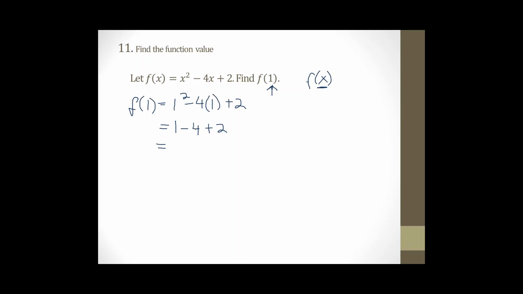So 1 minus 4 is negative 3, plus 2. And last step, negative 3 plus 2 equals 1. So this means if I evaluate f of 1, I would get 1. Let me know if you guys have questions.